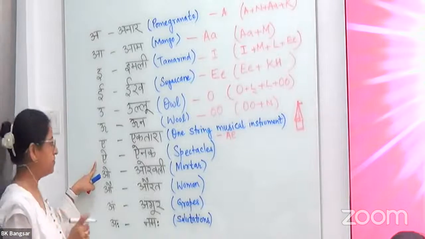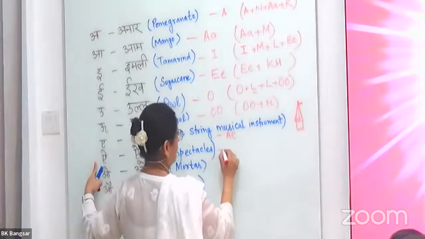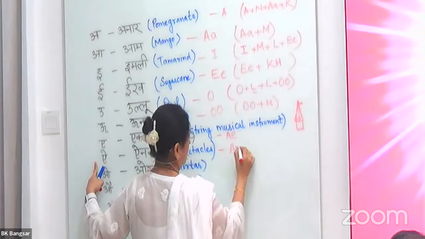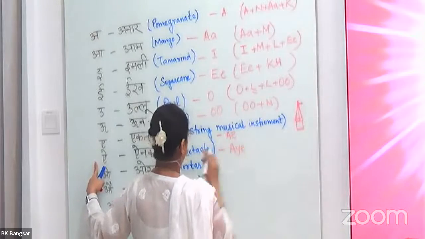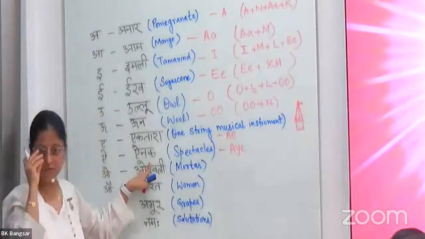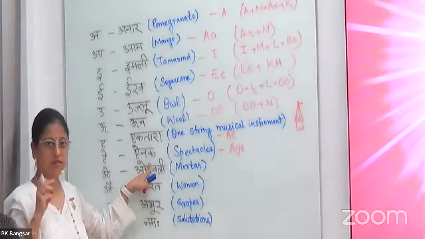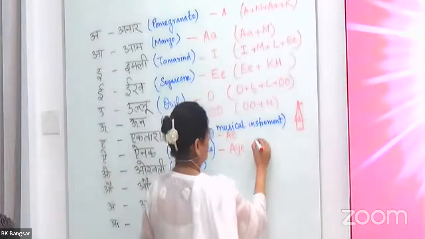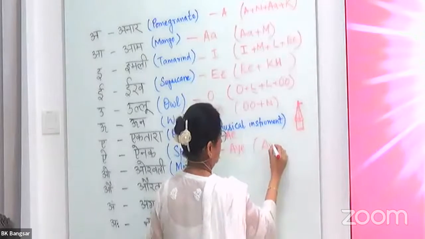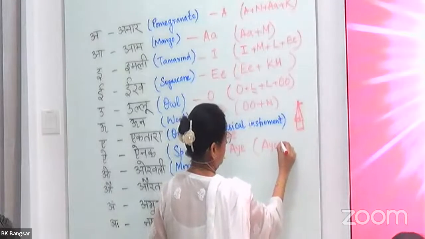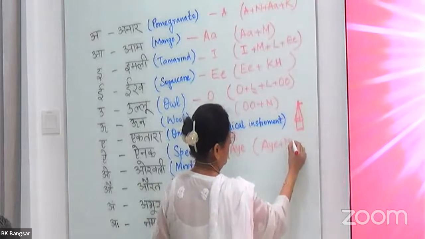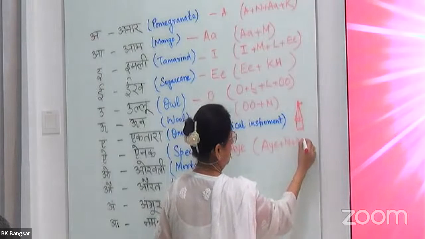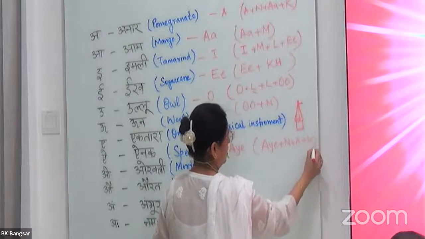A. Anak, which is spectacles. Right. So how will we pronounce anak? A, Na, Ka.